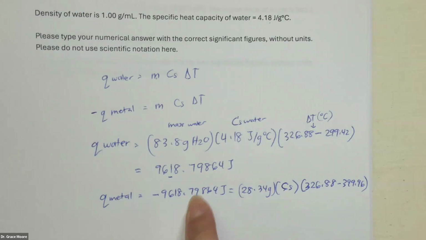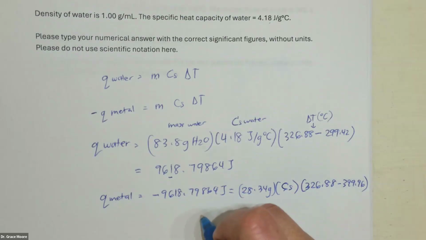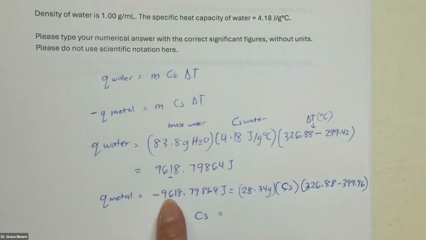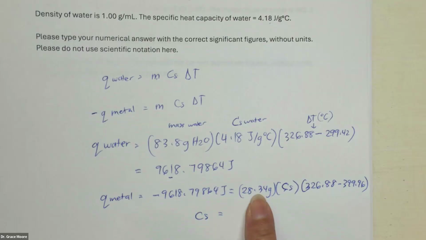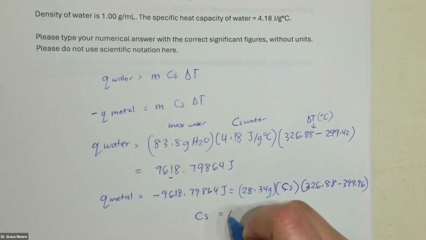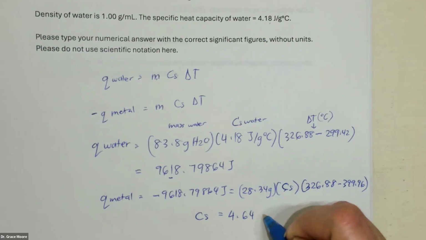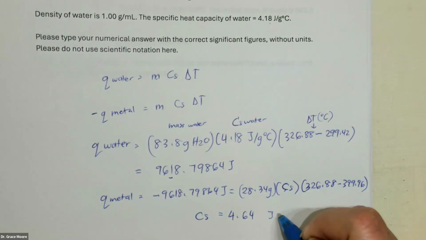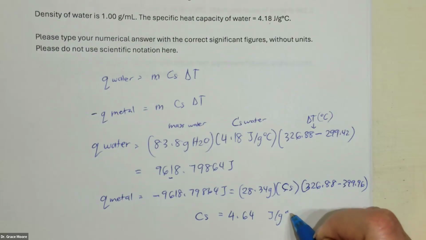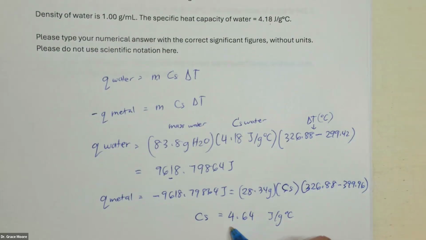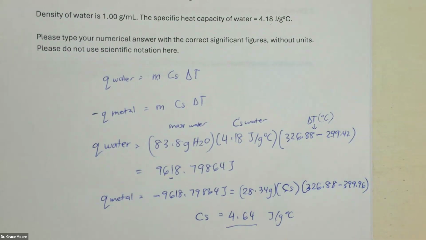And you have the answer from the water, flip the sign, solve for what Cs is. So if you put it in your calculator, the negative, whatever the number for the joules is, put a negative sign and then divide it by 28.34 and then divide it by the delta T here. You should get your Cs of 4.64. And the unit will be joules per gram Kelvin or Celsius, doesn't matter. But you just type in 4.64 as your answer.